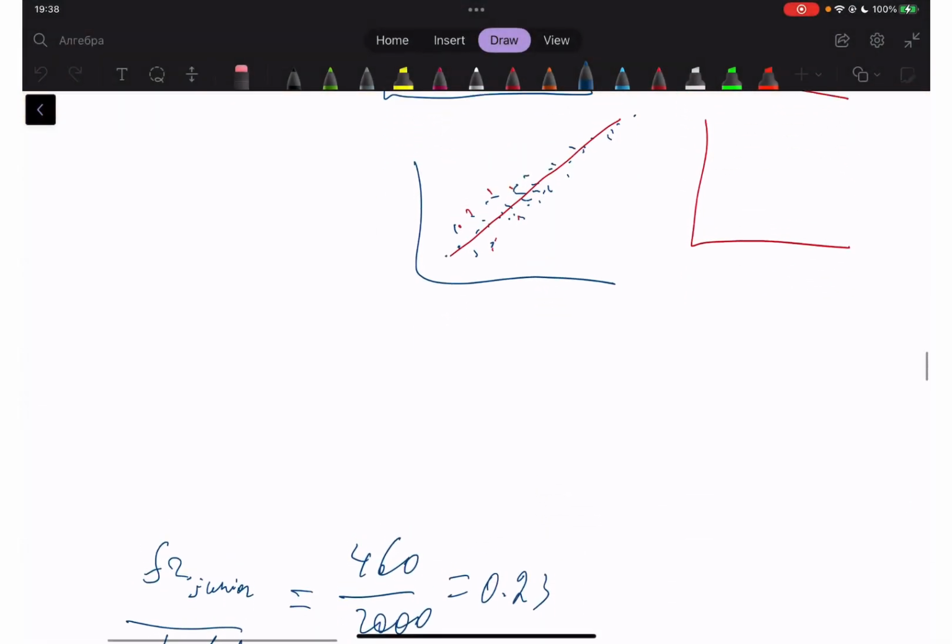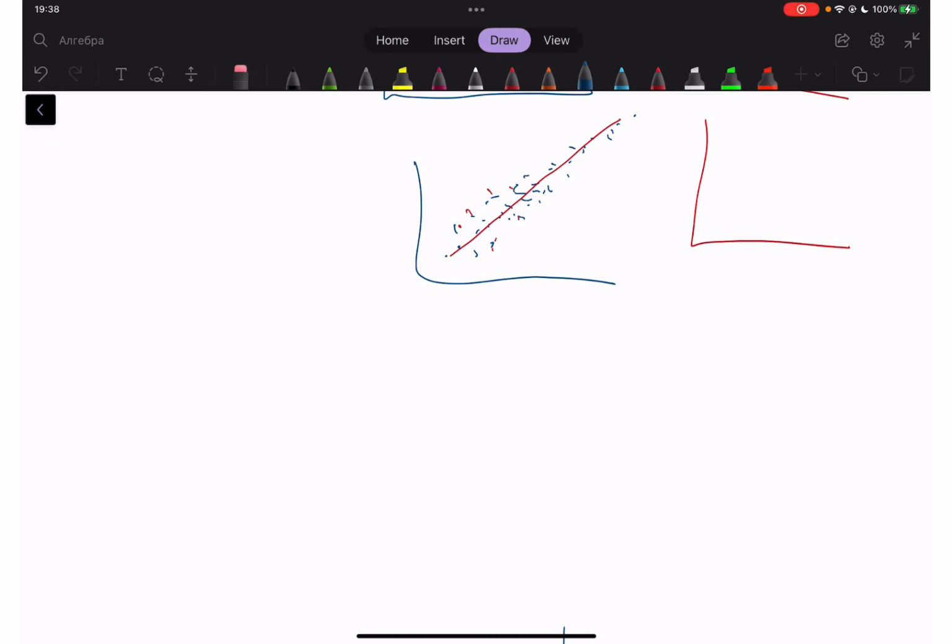So this is our graph. This is our correlation, let's say. So what is it talking about? A residual is positive if it's above. A residual is negative if it's down. Okay? Why?